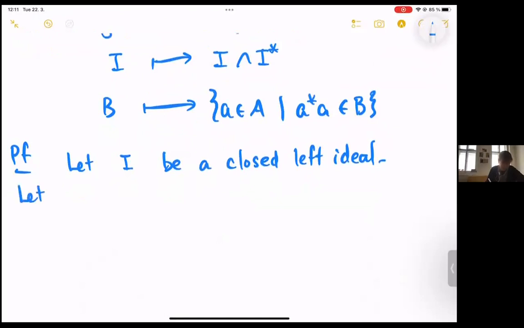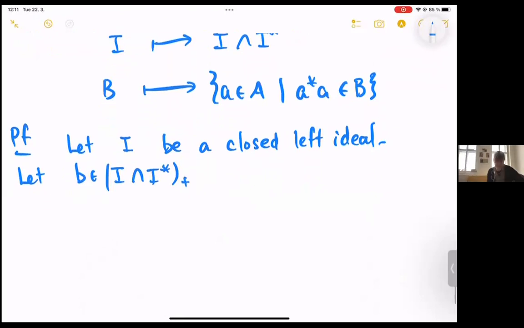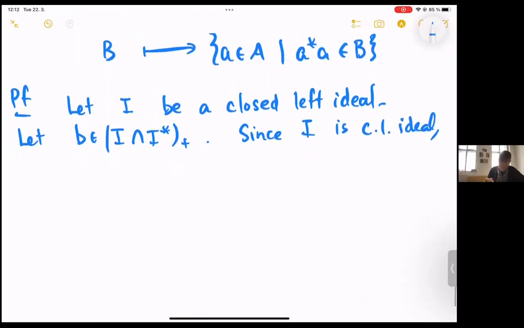So take a positive element in I intersection I star. Since I is a closed left ideal, there's a left approximate unit.